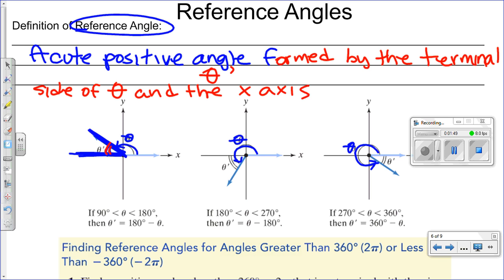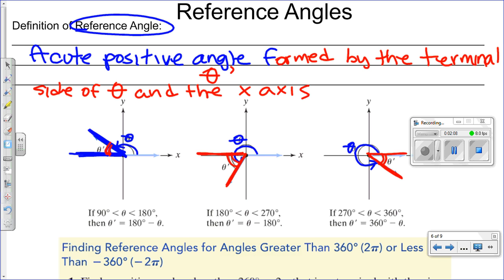So right here, this will be the reference angle. The one here, this is the terminal side of theta. Here's the x-axis, and here's the reference angle. For this one here, we have the terminal side of theta, x-axis, reference angle. All right?